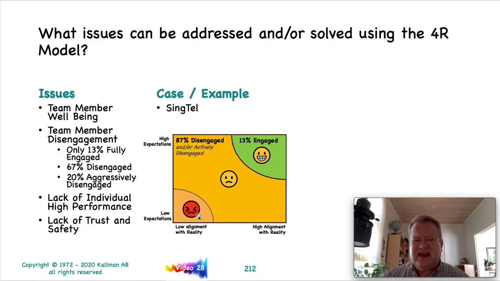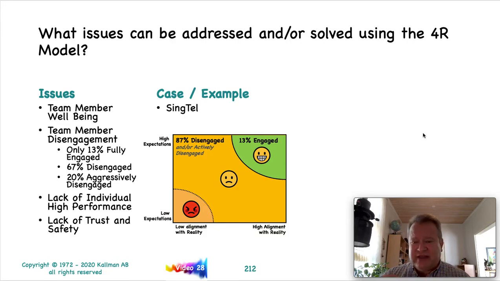And this actively disengaged portion, I think it's somewhere around 20% plus minus. And that means they're actively working against your organization, against your team, and they're sabotaging what you're trying to get done. And so here we have 20% are aggressively disengaged. So when we're looking at these numbers worldwide, that's not very encouraging.